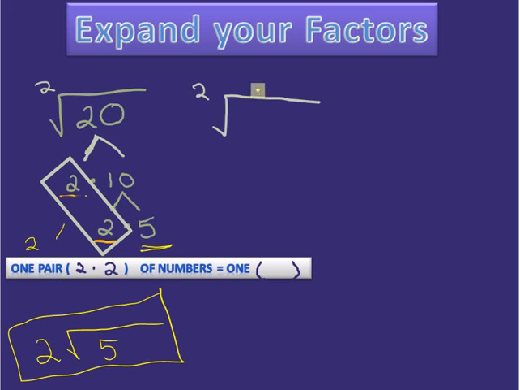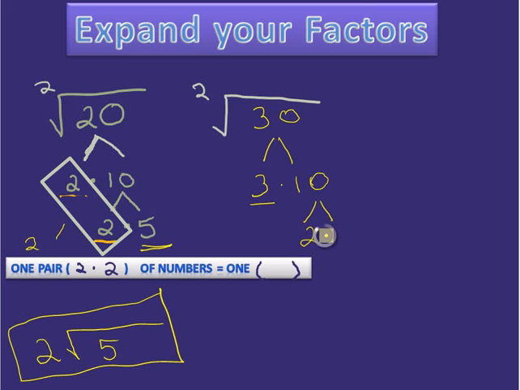Okay, let's say 30. Pause the video and try to factor that out first and see if you understand it, and then I'll go over it with you. Okay, let's do 3 times 10. That is done. There's a prime number right there, but we can still factor the 10.